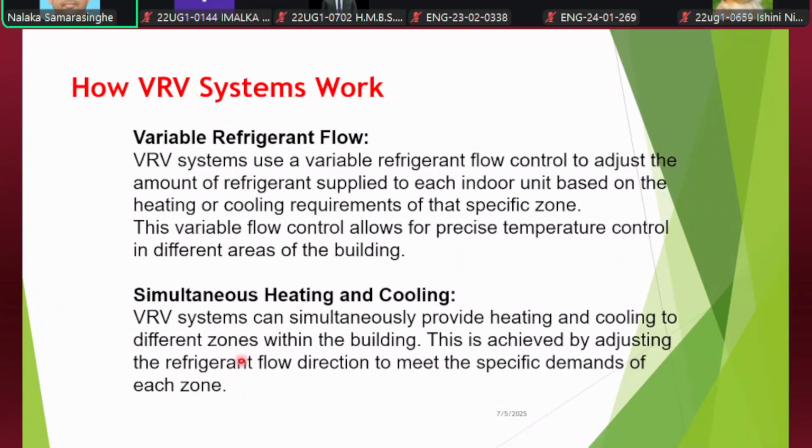And also another impressive advantage is that you can use the VRV systems for simultaneous heating and cooling. Now, you know that in our country, we use our air conditioning systems only for cooling, but in other colder countries, they use what is called heat pumps.